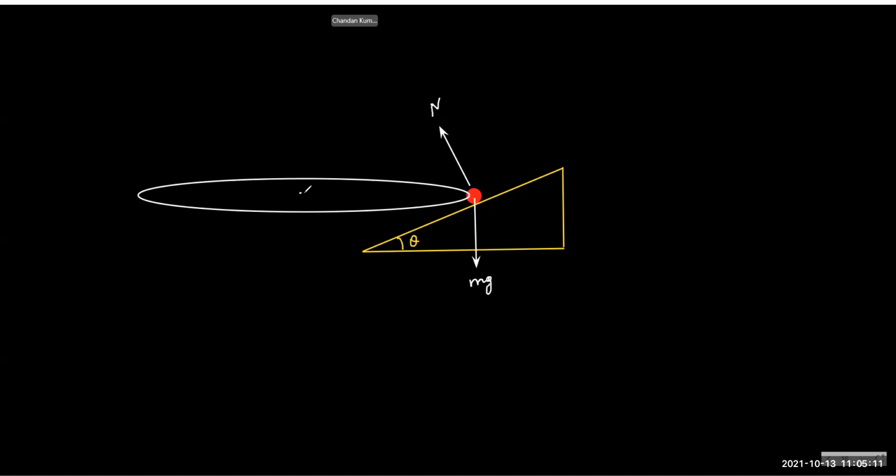If this is the center, this is the radius of curvature. So this is the radius. Now the question is simple: which force will move the car on this track, and friction is absent? Which force can provide you the required centripetal force?